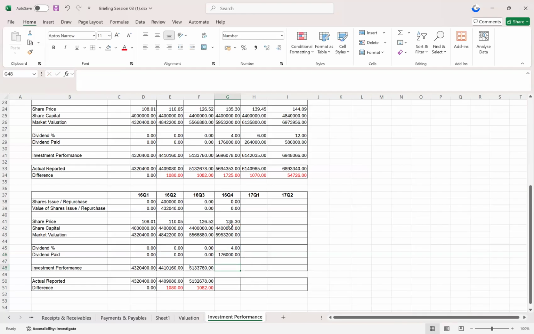Right. Now, what is my formula of investment performance? Share capital minus value of shares issued plus value of dividend paid.